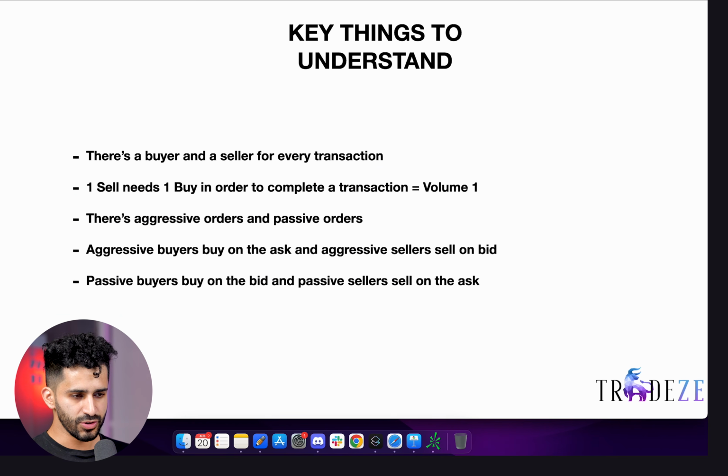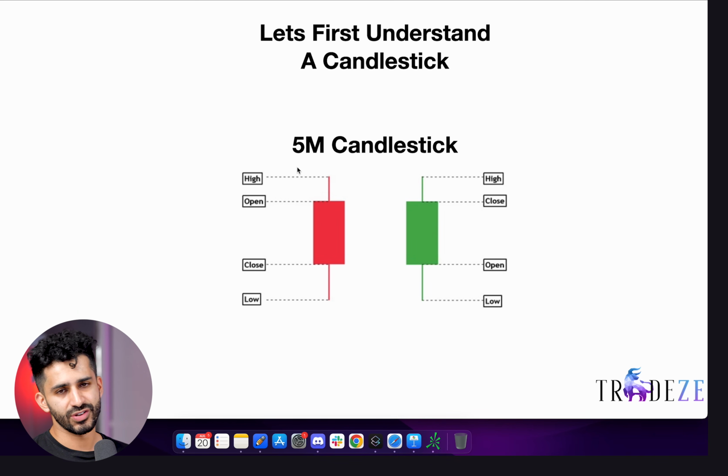Now, before going into a footprint chart, I'm assuming everyone has an understanding of what a candlestick is. Here's a 5-minute candlestick. Obviously, if it's red, there's the opening price, the closing price, the lowest the candlestick went to, and the highest it went to, vice versa here. But if it's a green candlestick, this is where the price opened on the 5-minute candle. This is where it closed, high and low, right? Real simple.